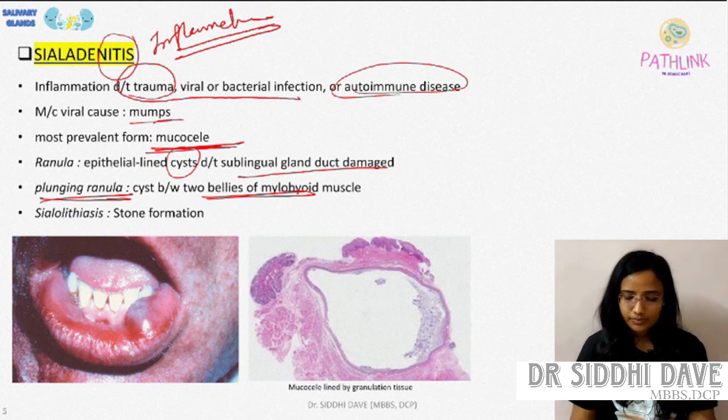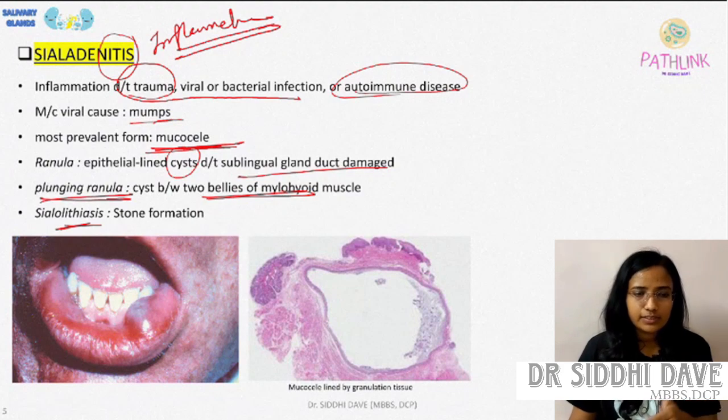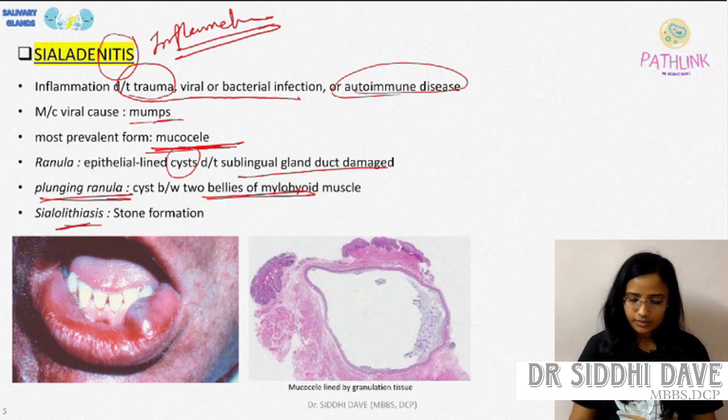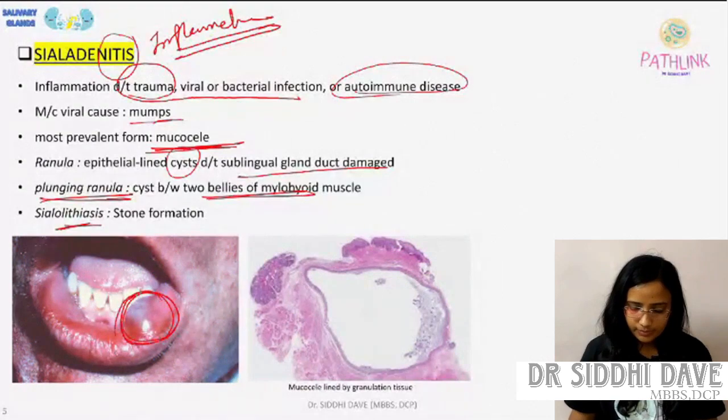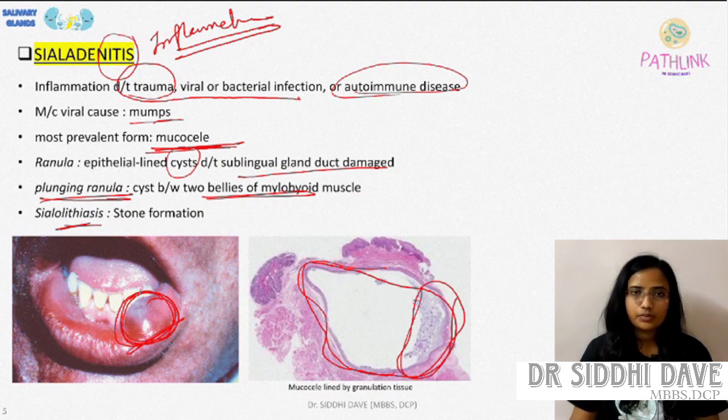Whenever the word lithiasis comes, it means stone formation, like nephrolithiasis, renal stone. Sialolithiasis means stone formation in the salivary gland or salivary duct. Here you are seeing the mucocele's bluish tinge. Then under the microscope you will see the cyst is lined by granulation tissue, and here you are seeing the mucin. So this is our mucocele.